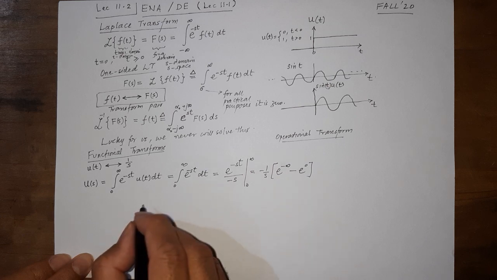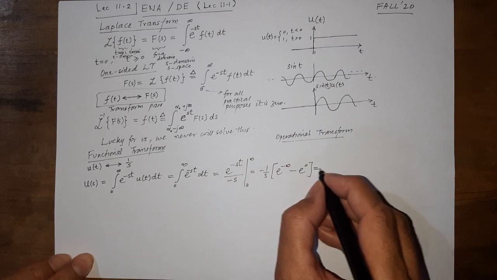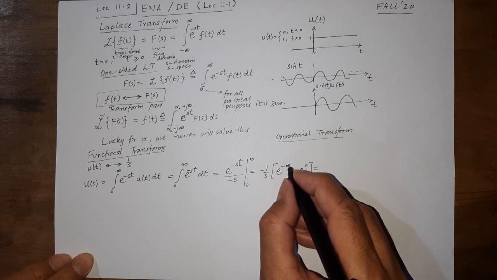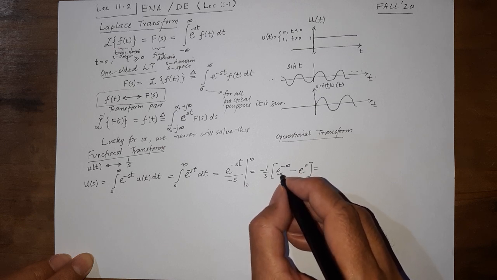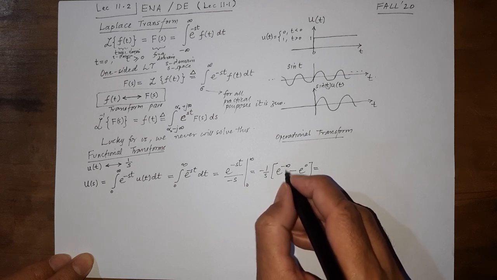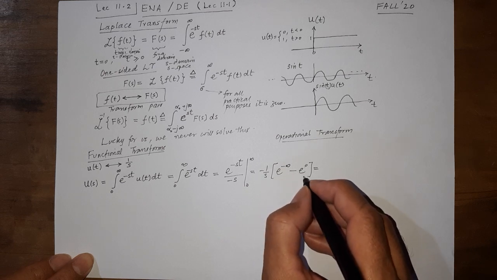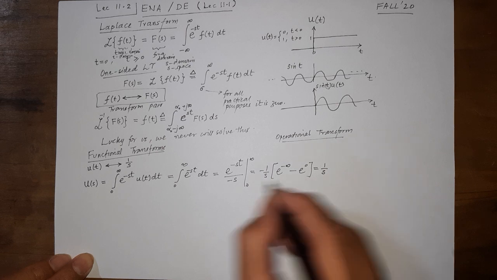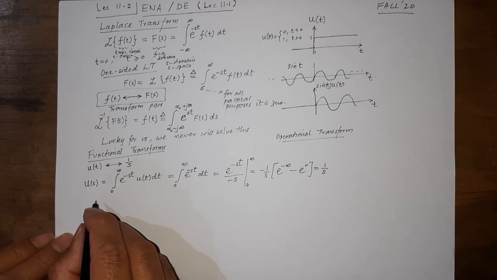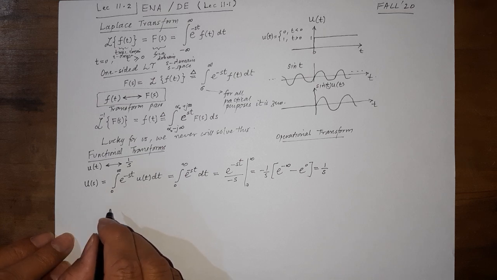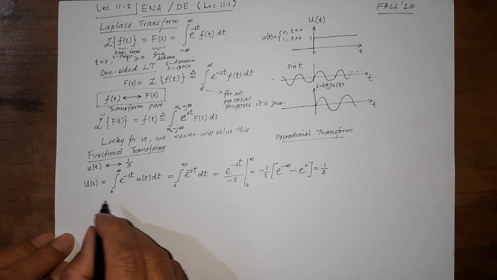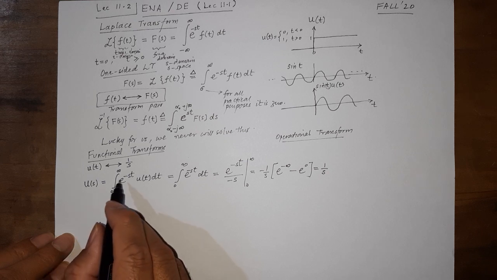So what do we get? e raised to the power minus infinity is 1 over e raised to the power plus infinity. e raised to the power plus infinity is infinity. 1 over infinity is 0. 0 minus 1. So we get 1 over s. So this is proven.